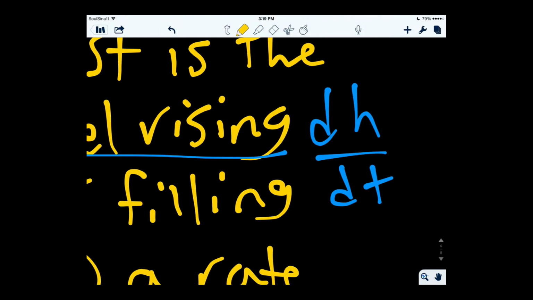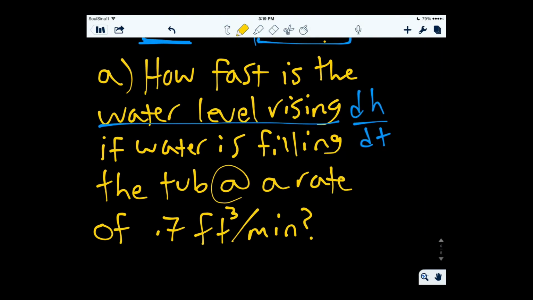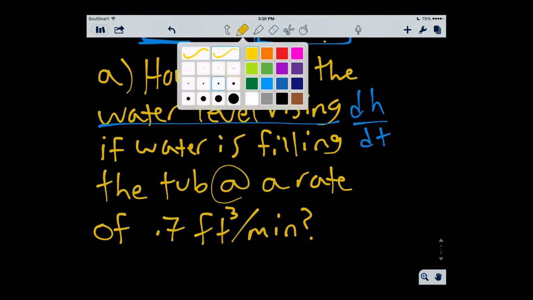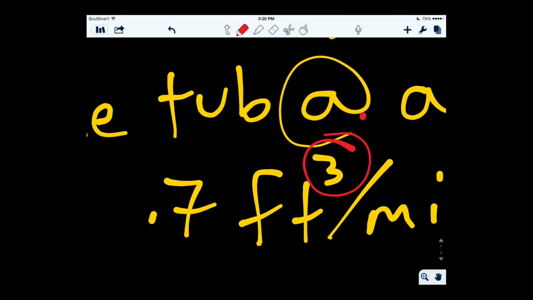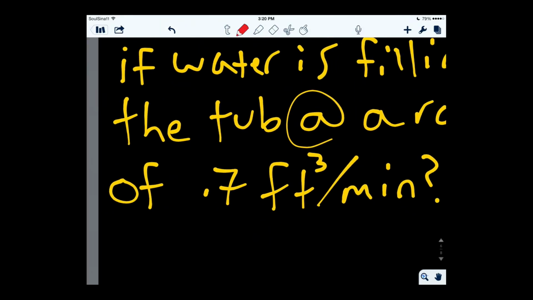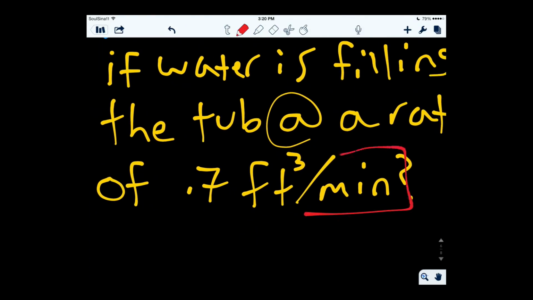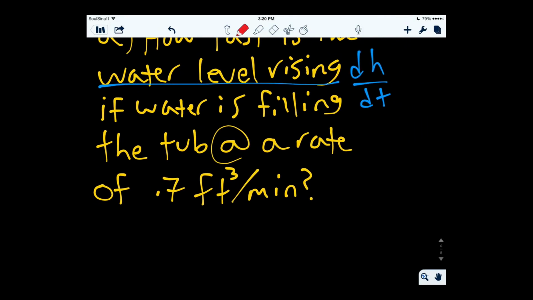And what else are we given? Water is filling the tub at a rate of 0.7 cubic feet per minute. Here we're given feet cubed, and that represents volume. We're also given per minute, which means this is probably one of our dynamic equations. If you don't know what a dynamic equation is, take a look back at the previous video where I talk about static and dynamic equations.